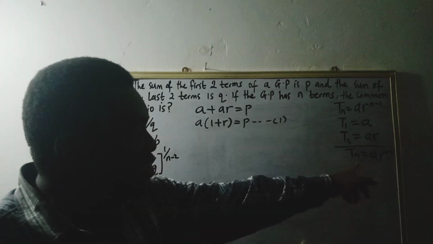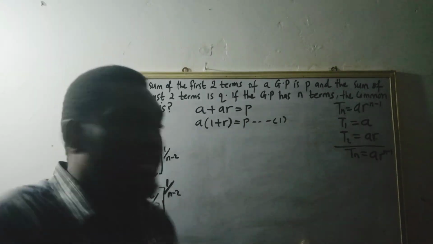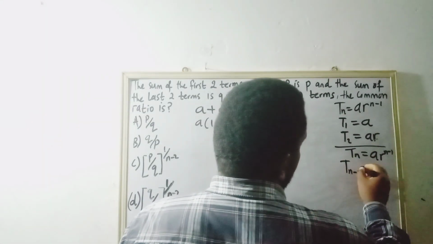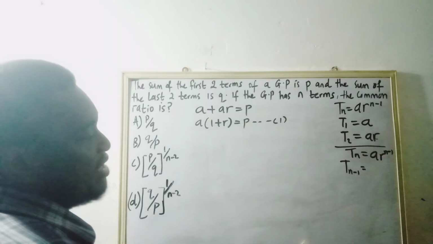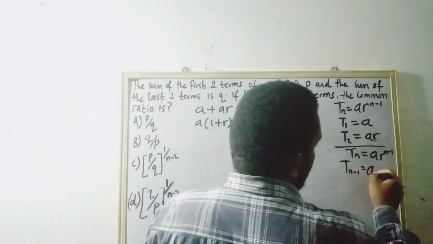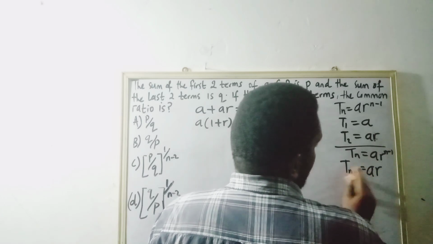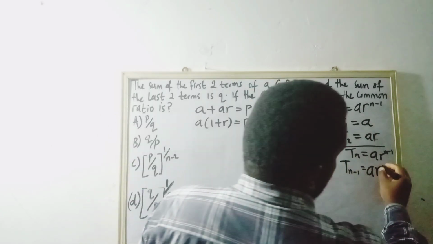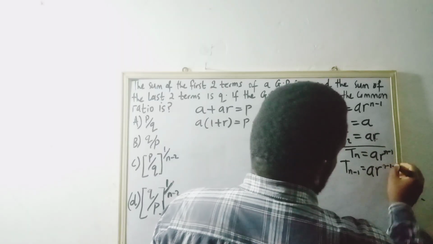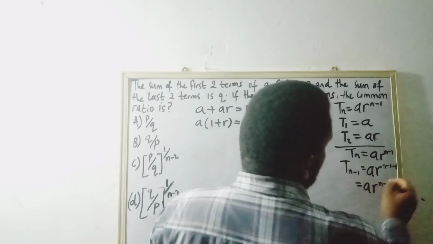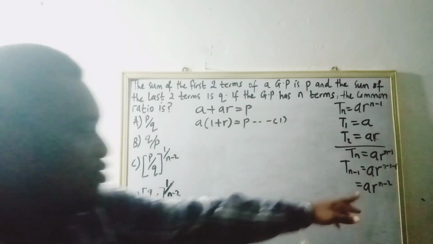The term preceding this one, the second to the last term, would be T(n-1). Going by the same formula, n becomes n minus 1, so it is n minus 1 minus 1, and that will be ar^(n-2). So this is the second to the last term.